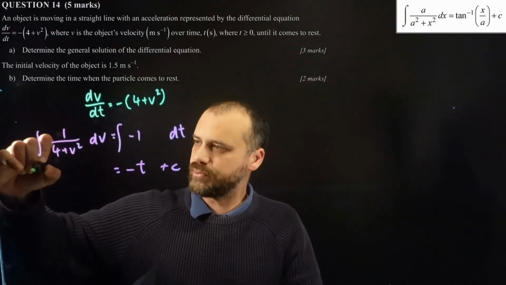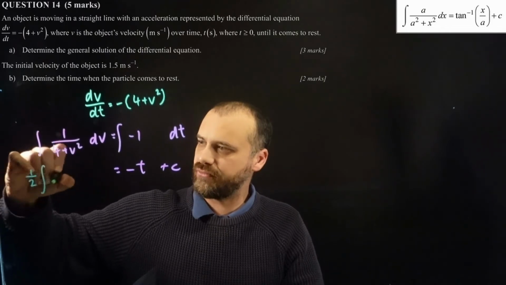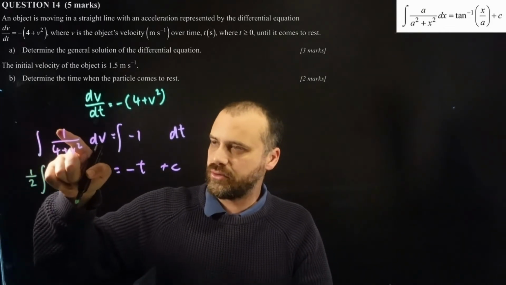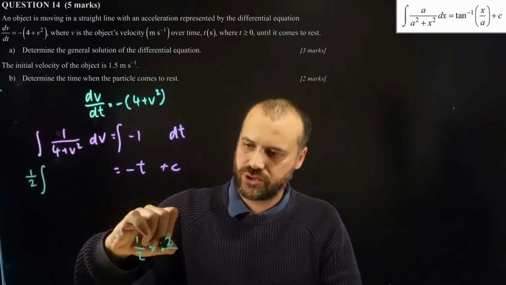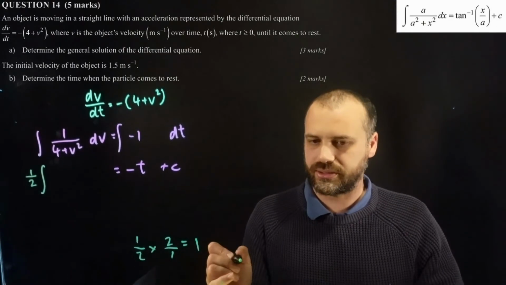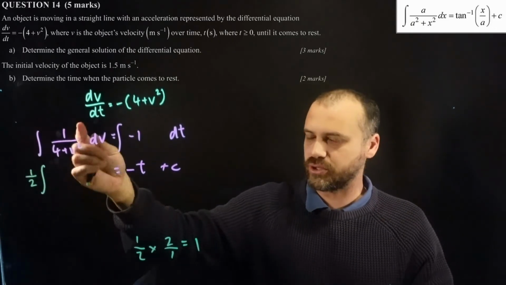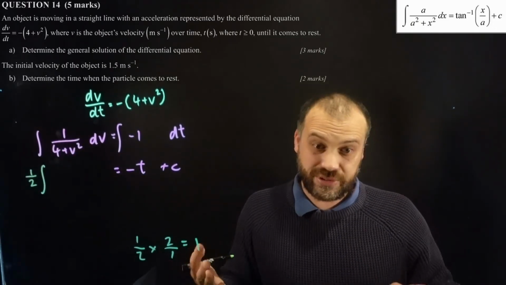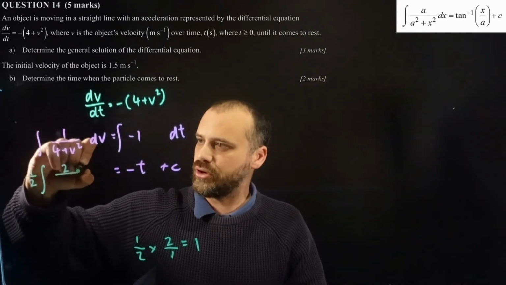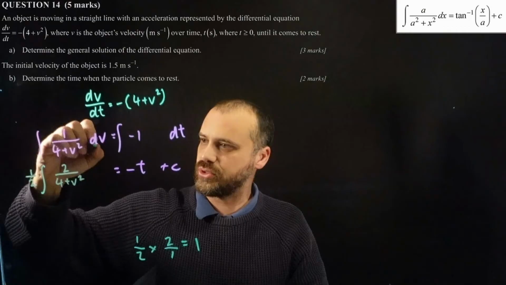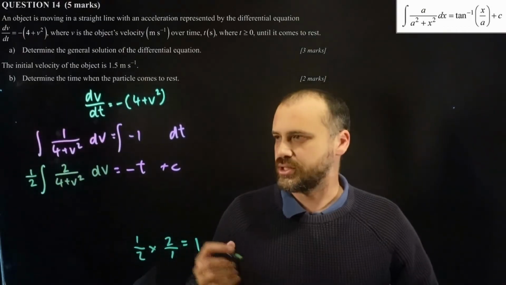So how can I make it so that it's a little more like that? Well, if I multiply the whole thing by 1/2, I can now multiply this side by 2, because 1/2 times 2 is equal to 1. So if I multiply by 1/2 out the front and multiply by 2 inside the integral, I haven't done anything. I've just multiplied by 1. So that's going to give me 2 over 4 plus v squared with respect to v.